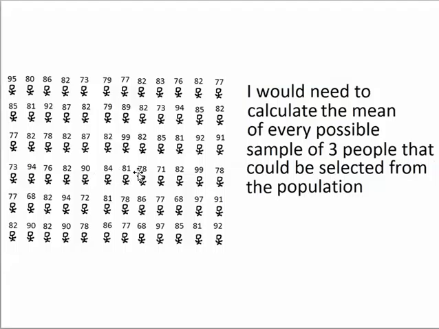And then, once I calculated all of those sample means, I would have the collection of the means of all possible samples of 3 people, and that collection of sample means would be a sampling distribution.